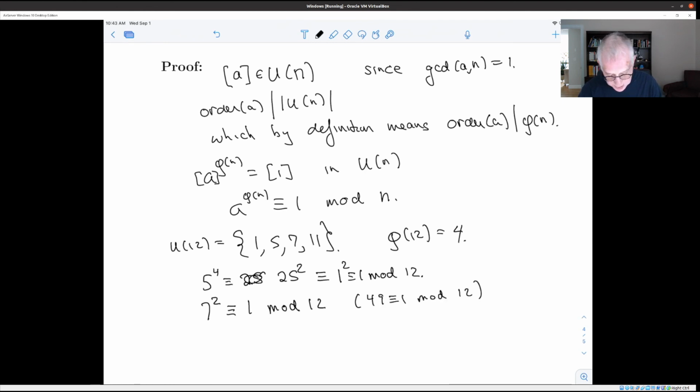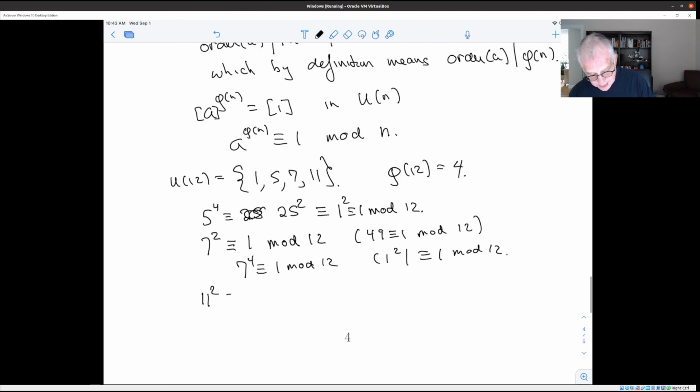And so therefore also 7 to the 4th is congruent to 1, because if you take 1 and square it, you still have 1. And lastly, 11 squared is 121, which is 1 more than 120. So it's congruent to 1 mod 12.